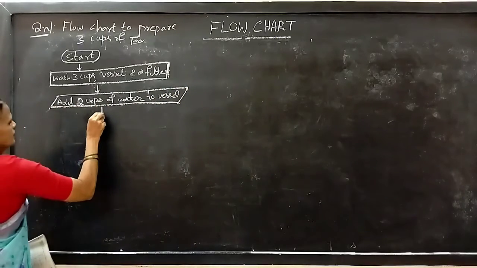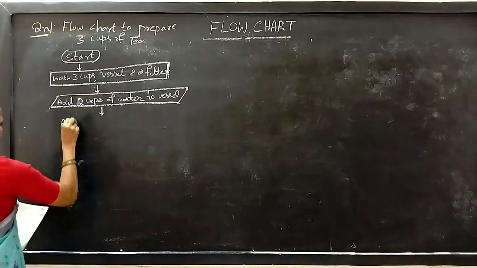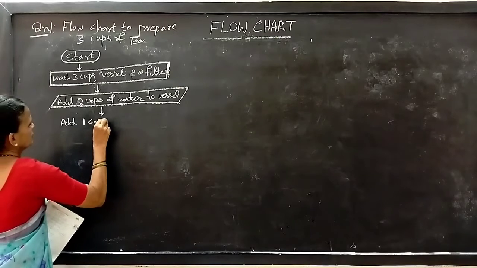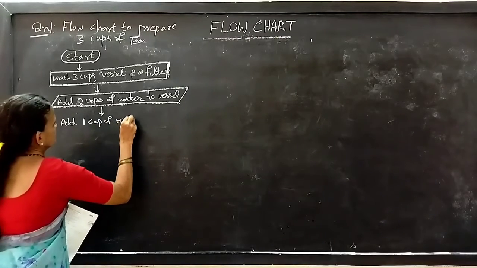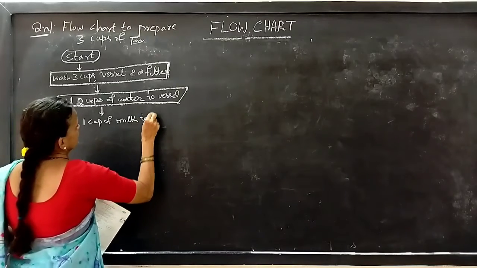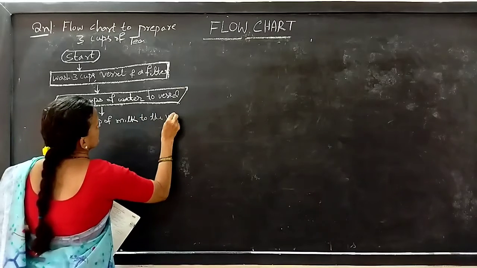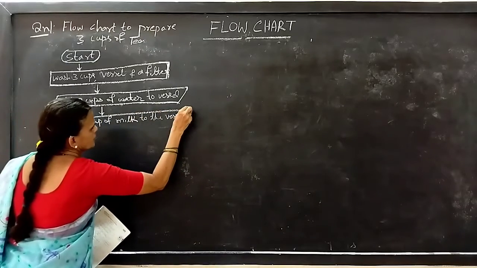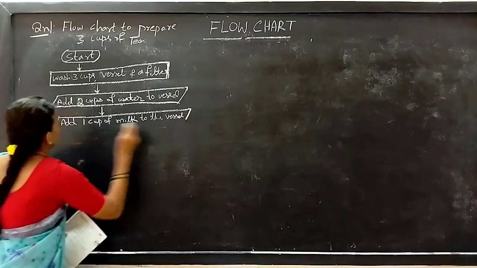Then what we want: add 1 cup of milk to the vessel. That should be represented using the symbol parallelogram.